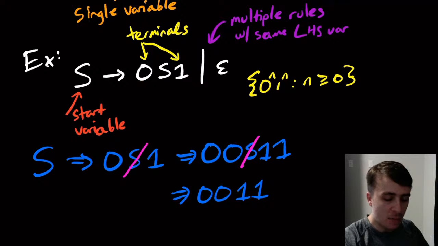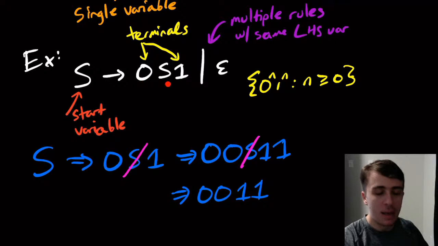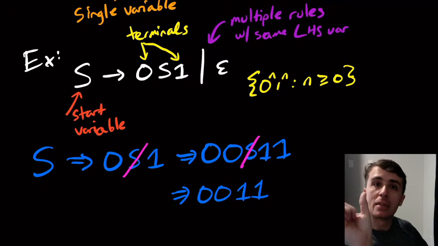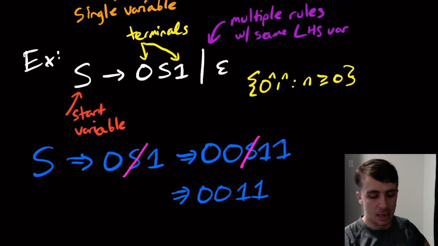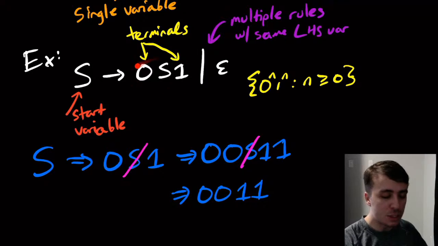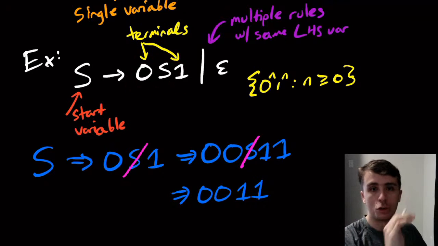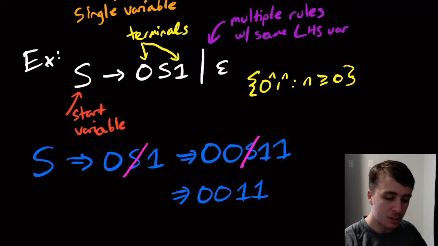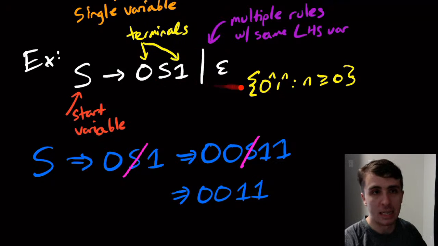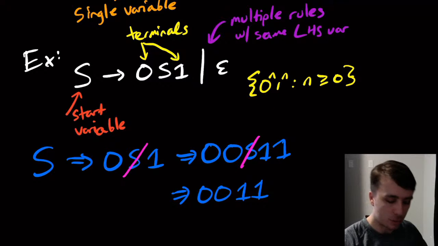So if we take off a 0 and take off a 1, and assume by induction that the middle piece will have equal number of zeros and ones, then this one will also have equal numbers of zeros and ones, and zeros coming first. So the language of this grammar by induction is this language.